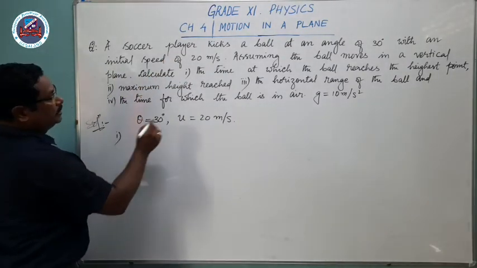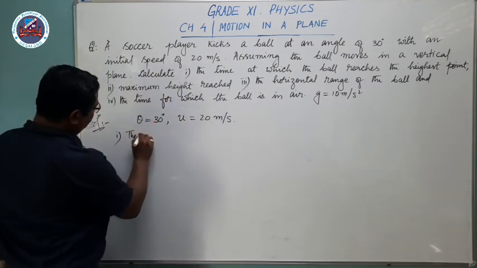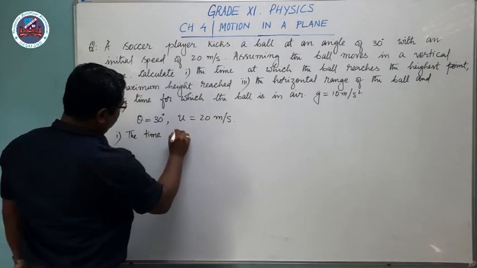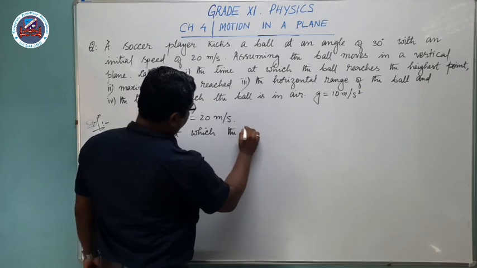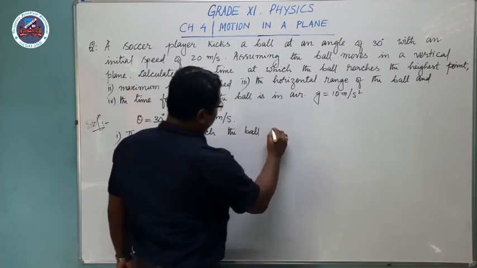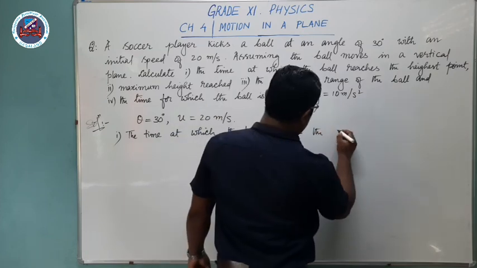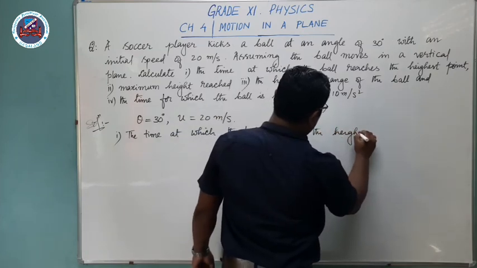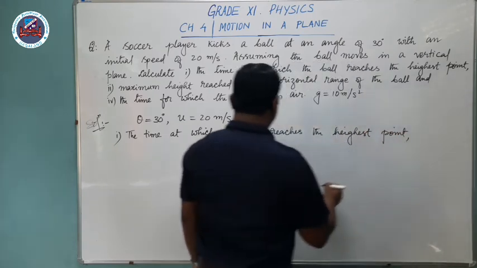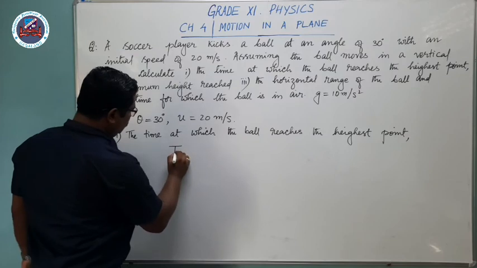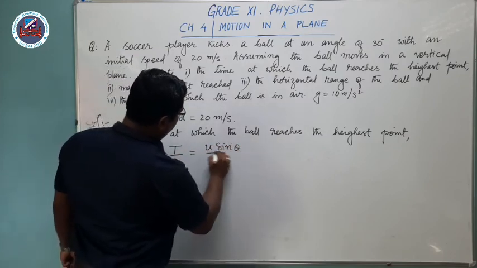Number 1 we will do like this: the time at which the ball reaches the highest point, we write it as t by 2, and your formula is u sin theta divided by g.